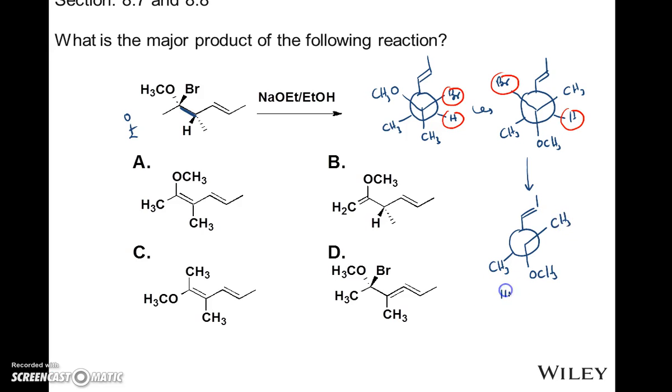So if you translate it, it becomes, if you look at it, the methyl groups, so you're going to have OCH3, you're going to have a CH3 here and an OCH3.